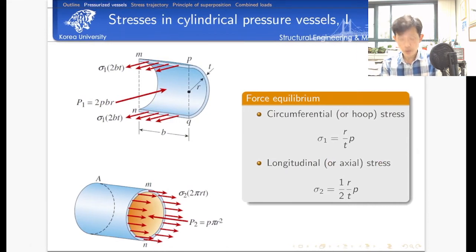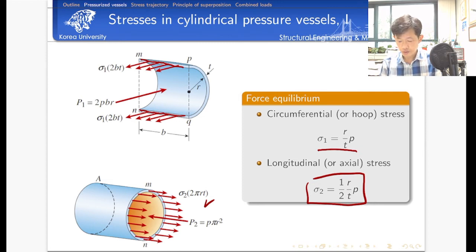As I told you, we can consider two different kinds of force equilibrium. This one is very similar to what we discussed for the spherical vessel, so the pressure value is exactly the same as before. If you apply the pressure, we have two different areas here on top and bottom. Let's apply the force equilibrium.